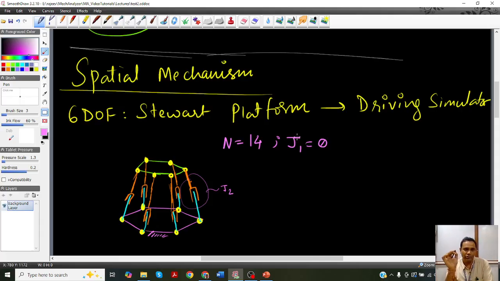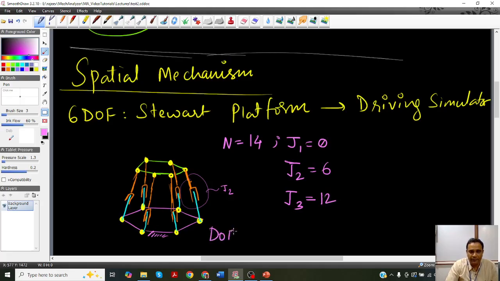We don't have any revolute joint here. J2 will become 6 legs, so therefore 6. Now what are J3? Pairs that have 3 relative degrees of freedom. See, my arm, I can rotate in 3 directions. That is called a spherical joint. So I have spherical joints here as well as spherical joints here. So 6 plus 6 is 12.